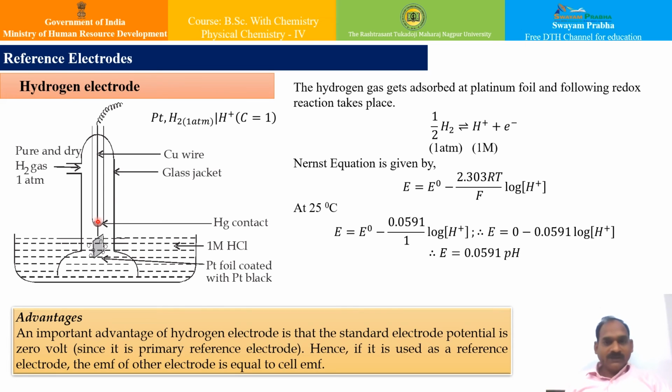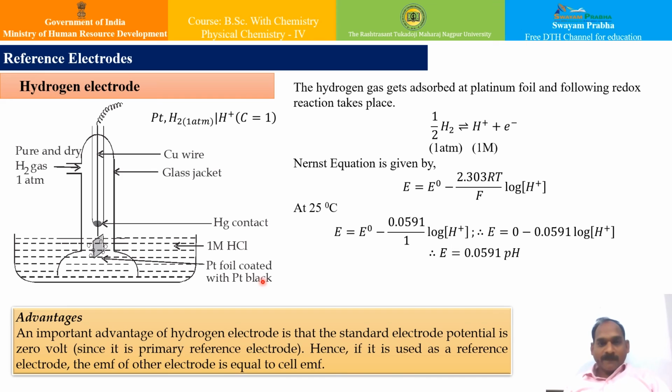Now the potential of this electrode depends on the concentration of H+ ion, and if the concentration of H+ ion is maintained at 1 molar, the standard electrode potential becomes 0. Look at the Nernst equation. The standard EMF of this cell will become 0.